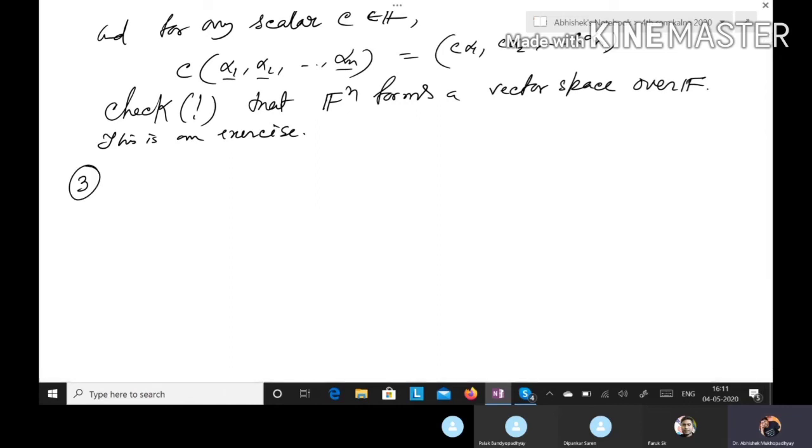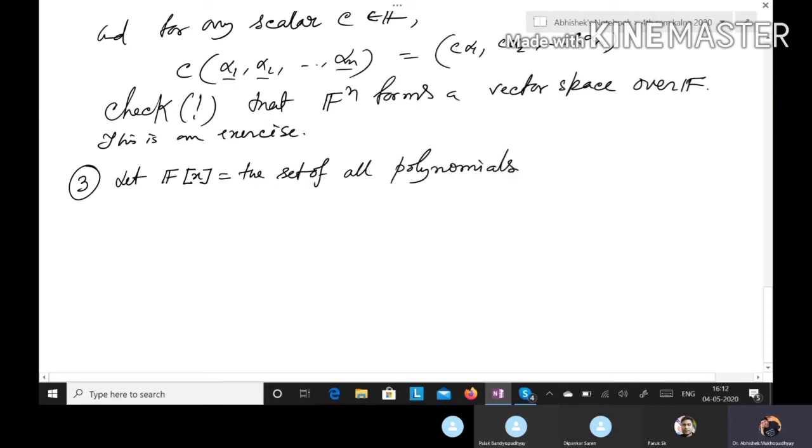Now number 3. Let F[x]. What is F[x]? It is the set of all polynomials in x with coefficients from the field F. So this F[x] is actually an integral domain, right?